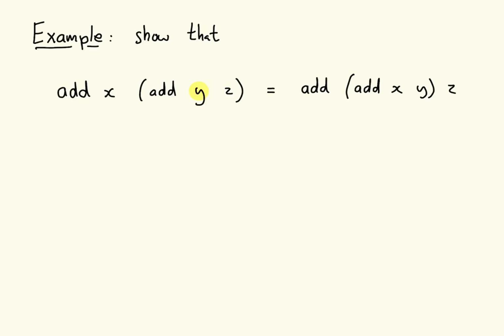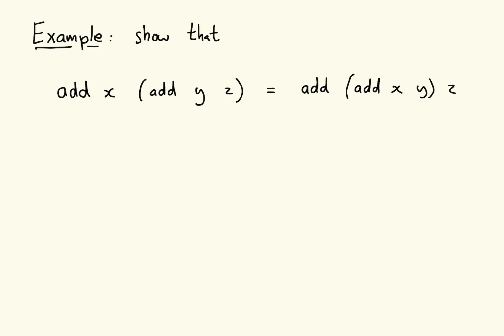So y appears in the recursion position once. And if you look at z, it's in the second parameter place on both sides, so we don't count this at all. So the summary here is that x appears in the recursion position twice, y appears once, and z appears in this position not at all.